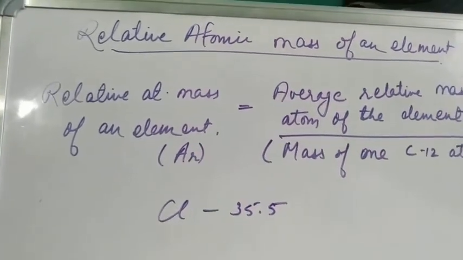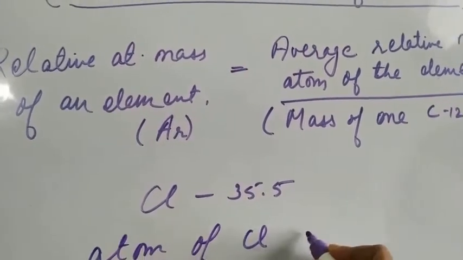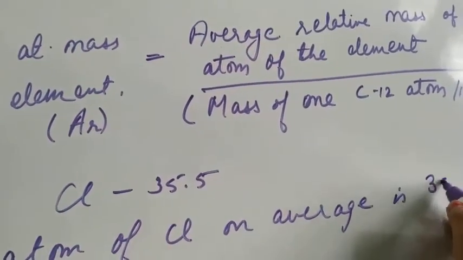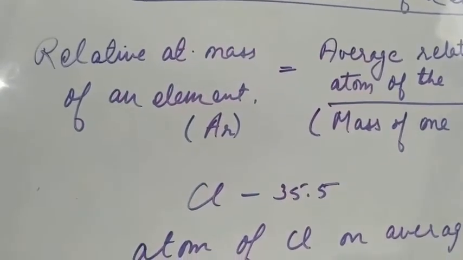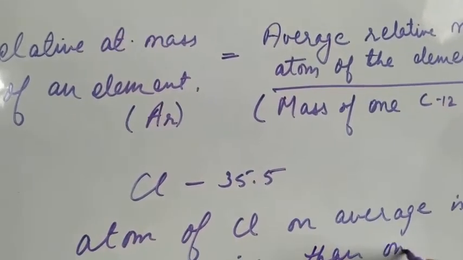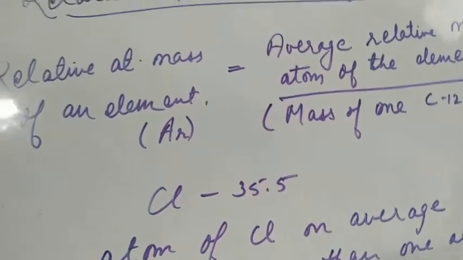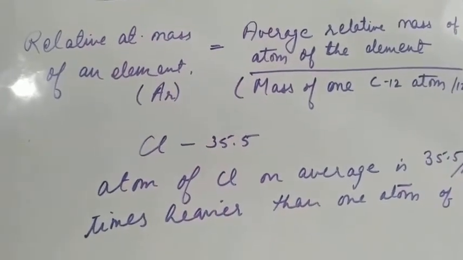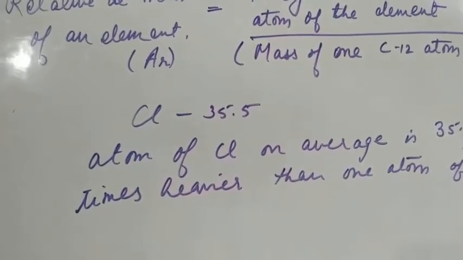This means that an atom of chlorine, on average, is 35.5 by 12 times heavier than one atom of carbon-12.